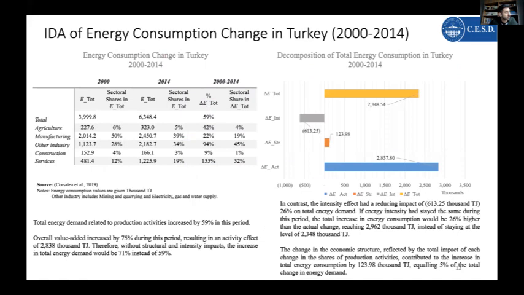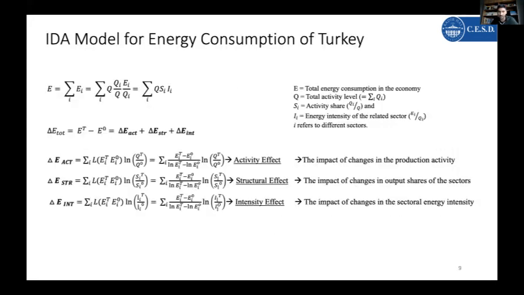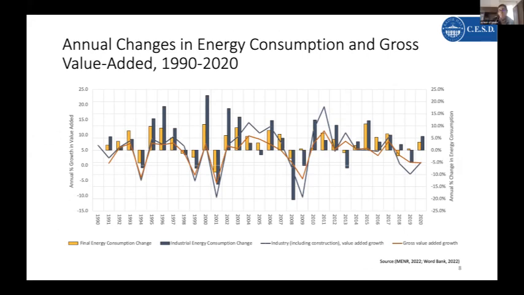You said it is something to do with decoupling, though decoupling is a long-term phenomenon. It is nothing to do with 1 year. There could be several other reasons why gross value added is increasing while energy consumption is decreasing. So decoupling is not only related with 1 year. This is one warning.